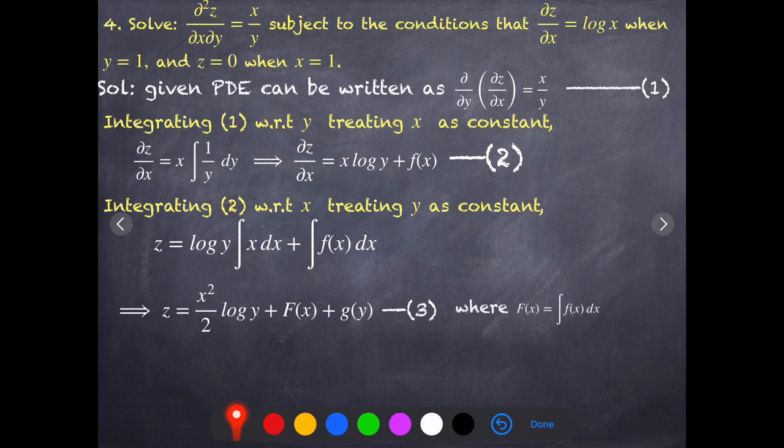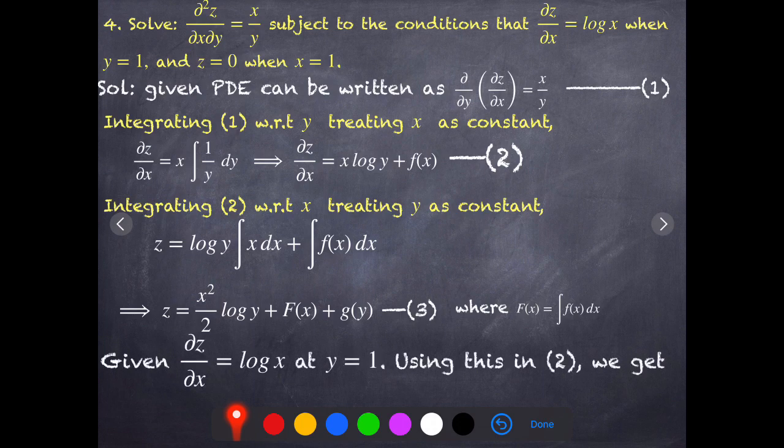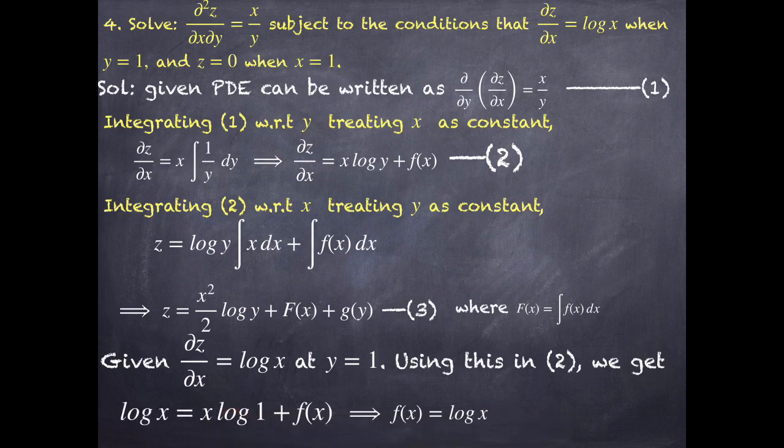Now use the first condition, ∂z/∂x = log x at y = 1. Using this in equation number 2, we get f(x) = log x. Use this value to find the value of capital F(x). You have to integrate log x, and we do not have a direct formula. You have to consider the term as log x into 1 and apply integration by parts, taking u = log x and v = 1.